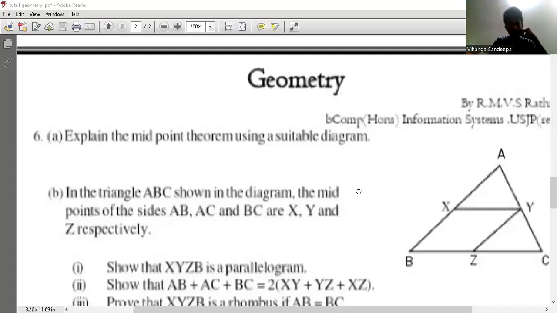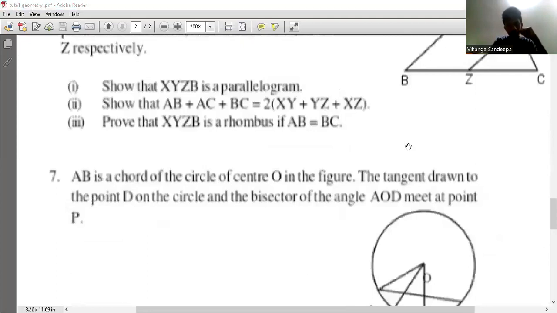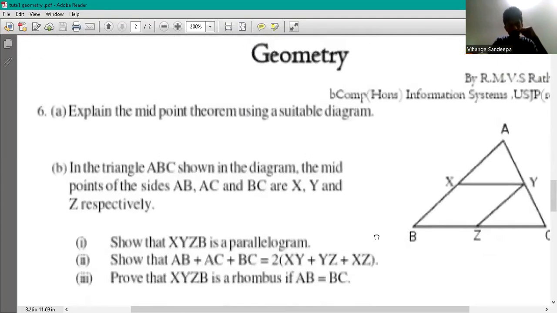So students, look at the question number 6a. Explain the midpoint theorem using the suitable diagram.